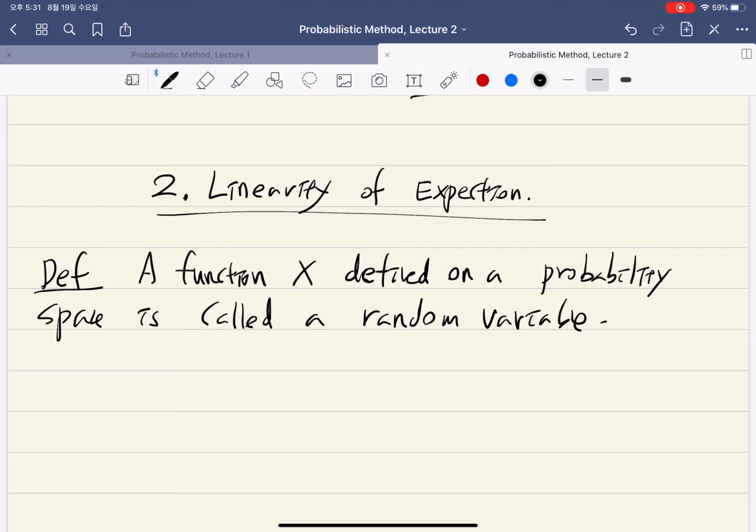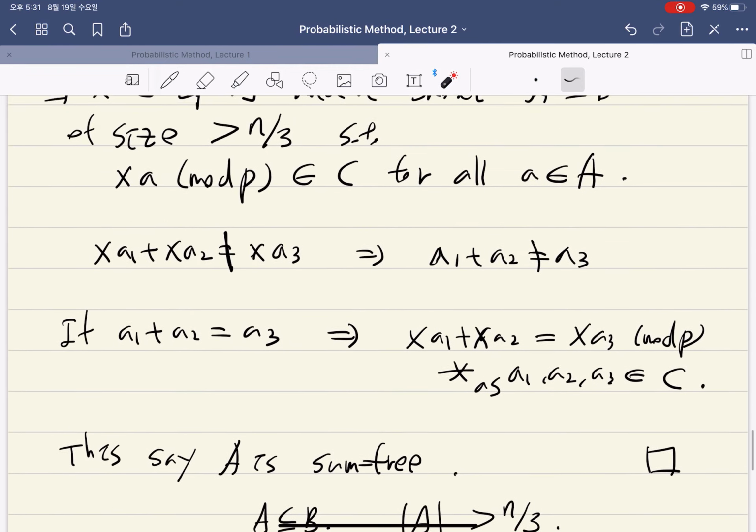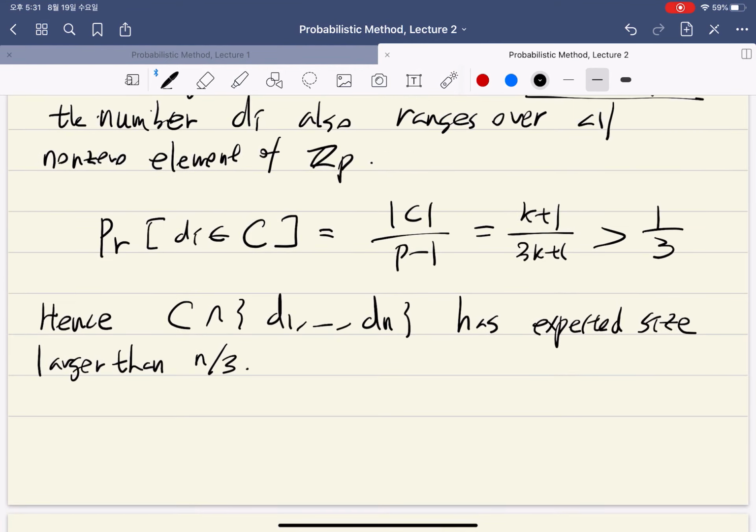The range of this could be anything, but in many cases the range of this random variable is usually real numbers. But not always, not necessarily always.